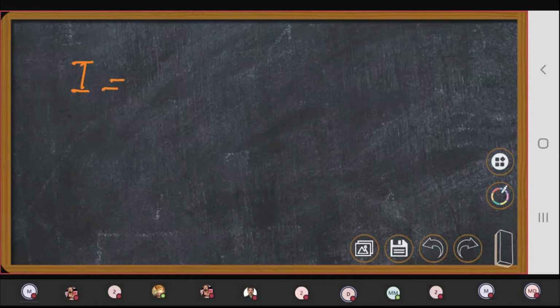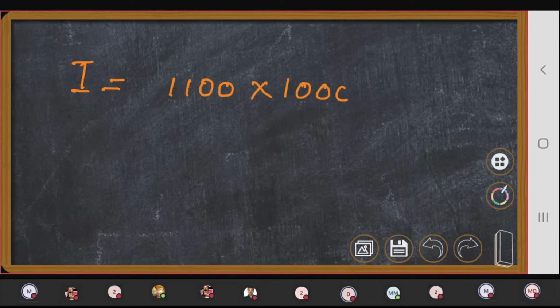First of all, we have to find out our load current I. So I is nothing but power, that is 1100 kilowatts, into 1000, divided by kV. kV is 11 kV, so 11 into 1000, 11,000.